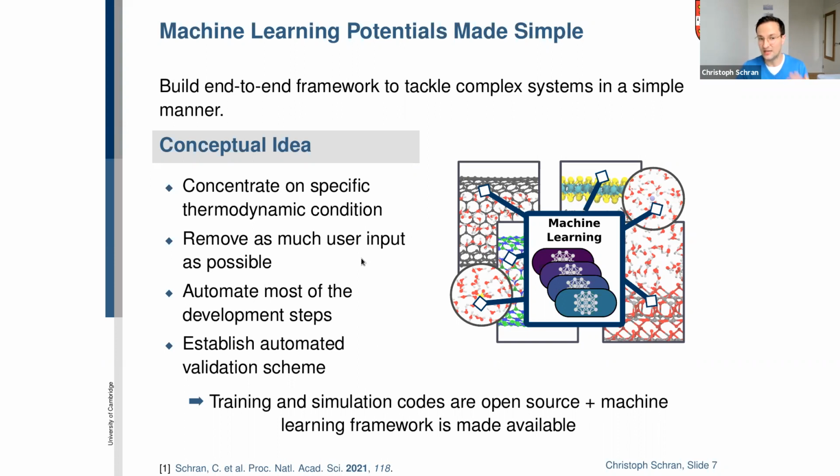The conceptual idea behind all this is that we make the job a little bit easier by concentrating on a specific thermodynamic condition, so a given temperature and pressure. The main task is then to remove as much user input as possible and automate most of the development steps. In the end, it's also very important to have an automated validation scheme in order to build trust in the model that you have developed. And just a side note, all this development that I'm presenting is open source, which you can simply use for your own work if you want.